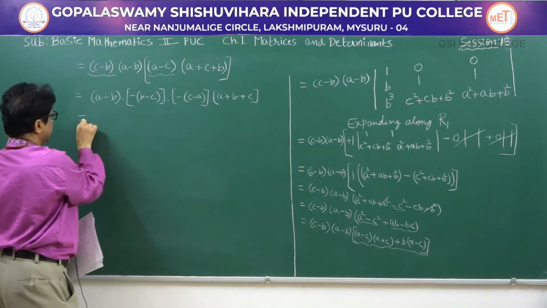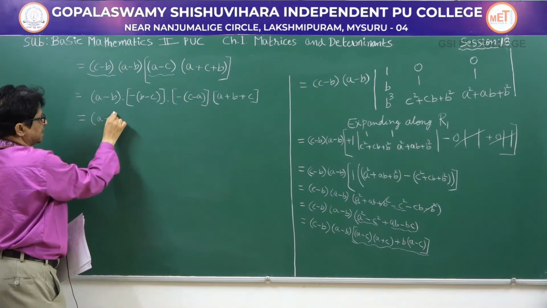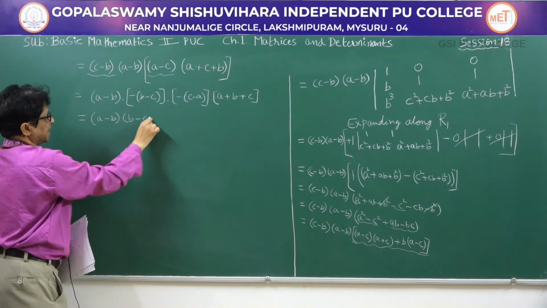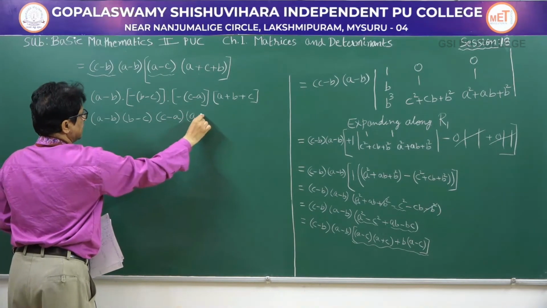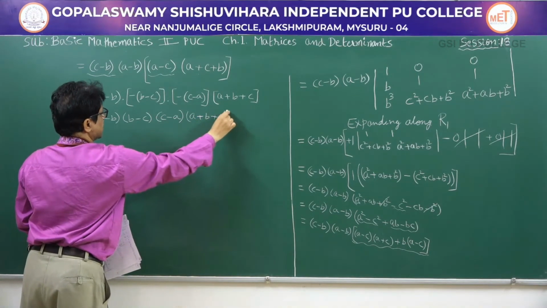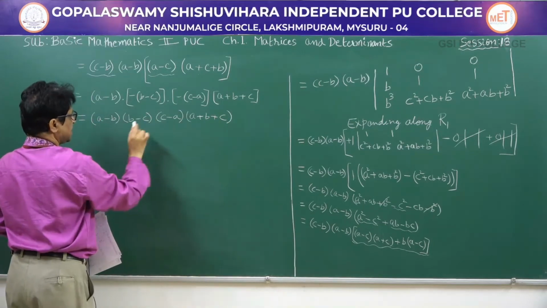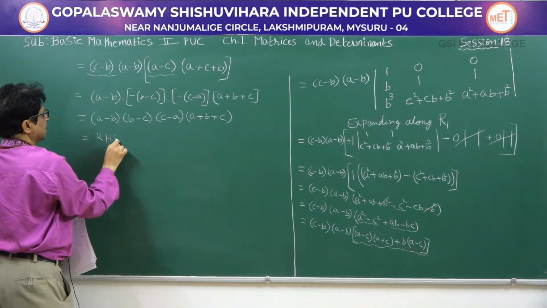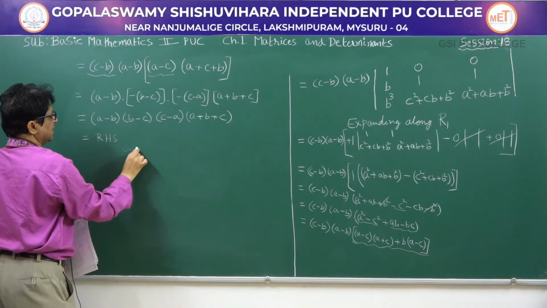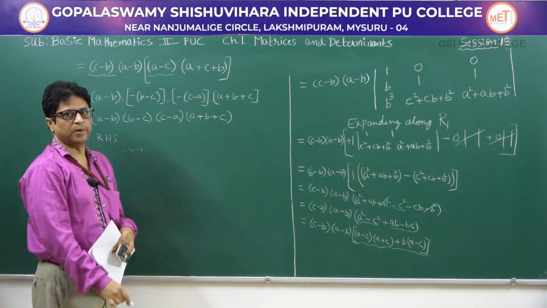So this will be equal to a minus b into b minus c into c minus a into a plus b plus c, because minus into minus is plus, that will be equal to RHS. So that completes this problem.